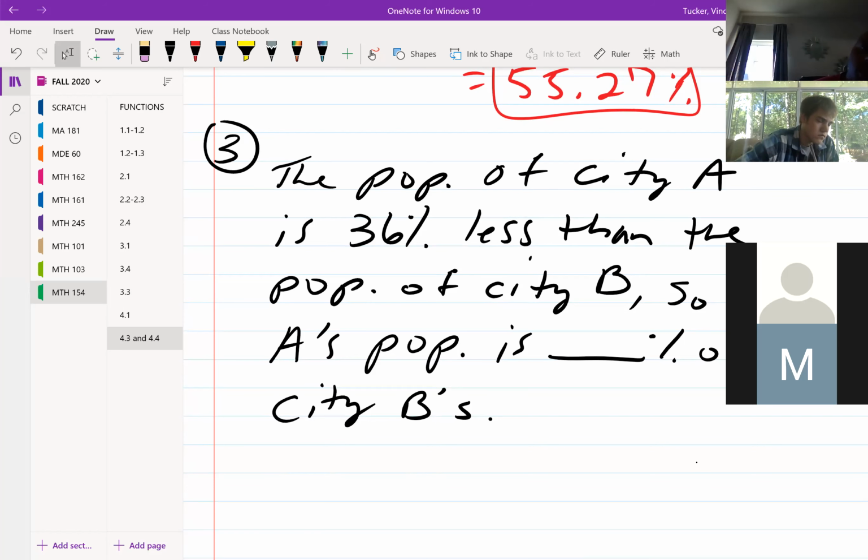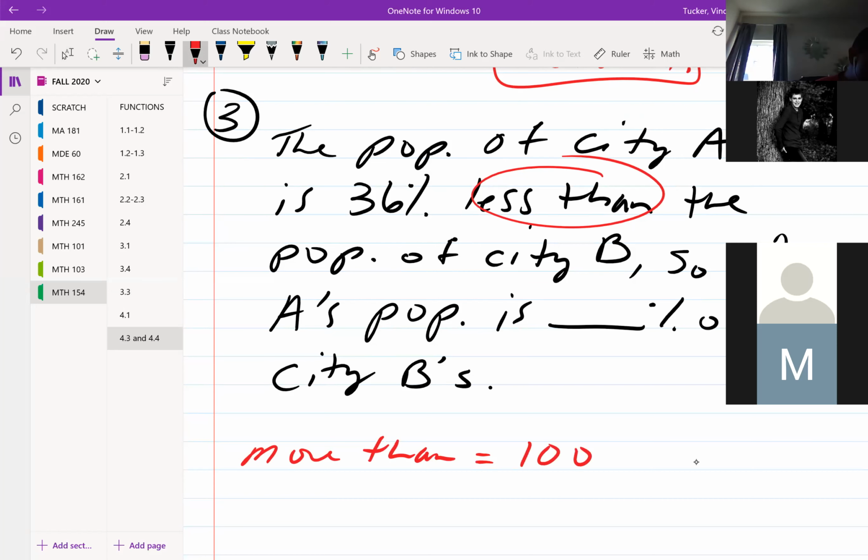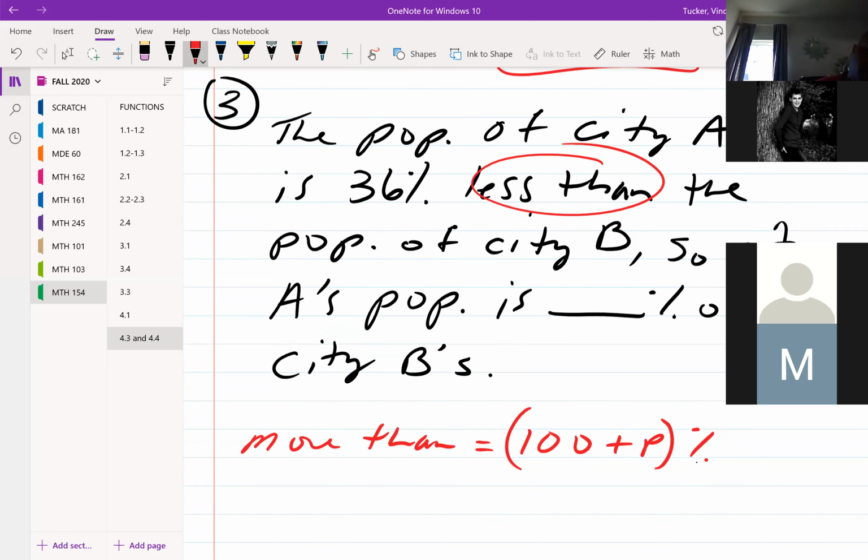The key phrase in here is going to be less than. So when you're comparing your percentages, if it said more than, the reference amount, you would use 100 plus P percent.